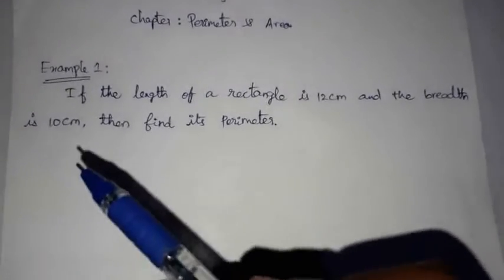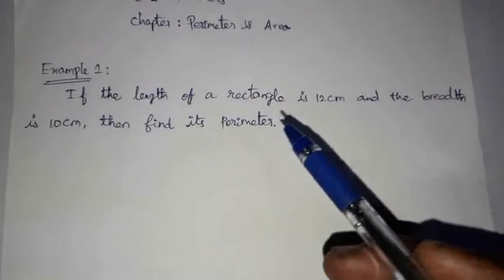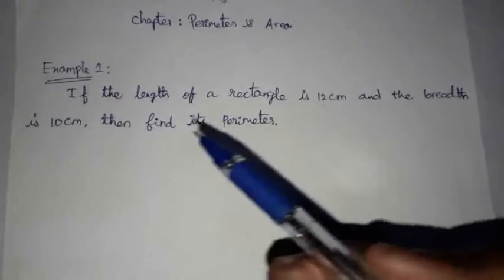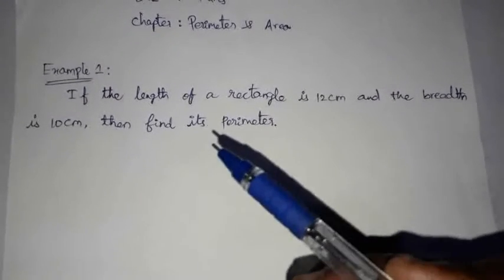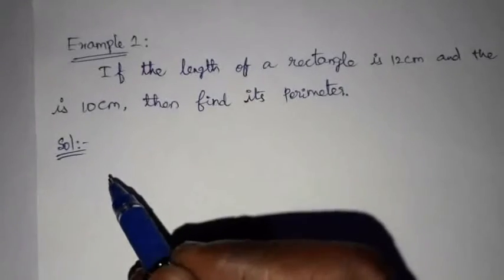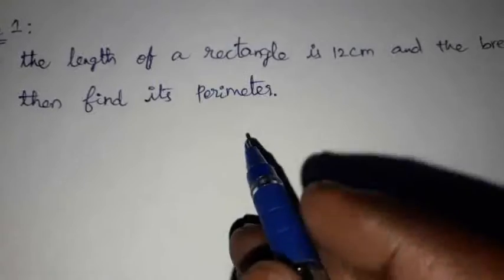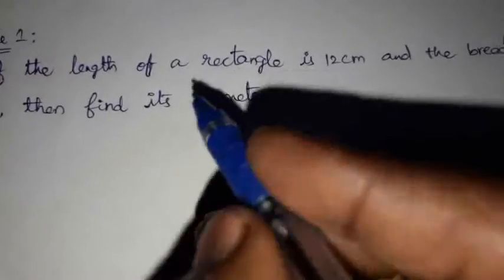Okay, let us see the book example 1. If the length of a rectangle is 12 cm and the breadth is 10 cm, then find its perimeter. Let us see the solution. First, write the given data in the question.